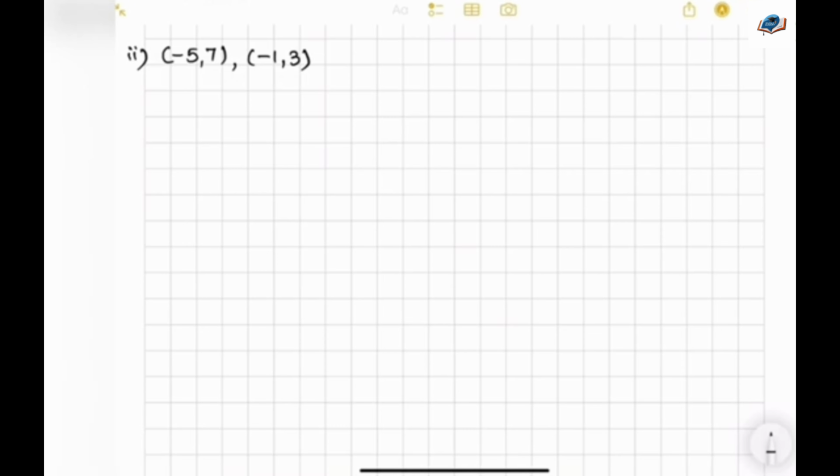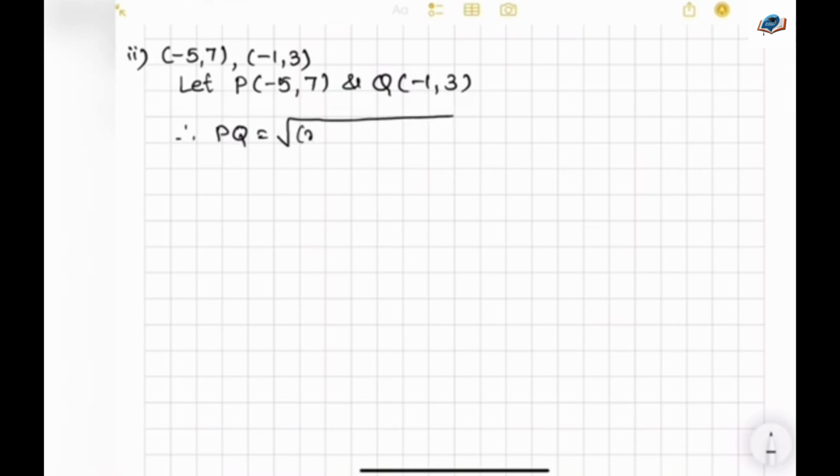Now the second one says (minus 5, 7) and (minus 1, 3). So I can do it like this also. Let P be (minus 5, 7) and Q be (minus 1, 3). Therefore, distance PQ will be equal to the square root of (x2 minus x1) whole square plus (y2 minus y1) whole square.